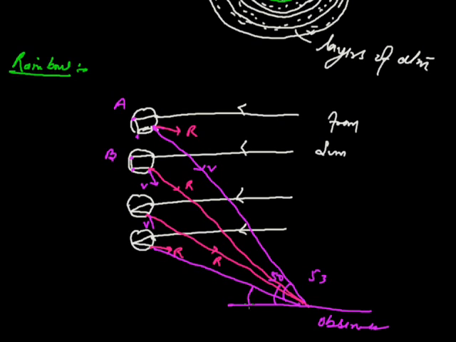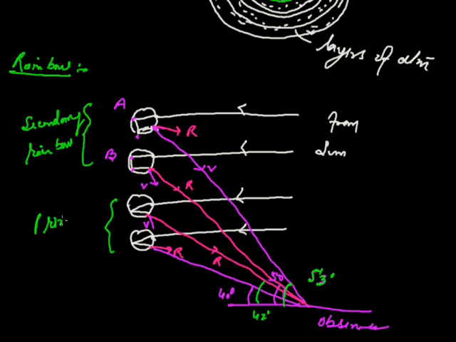This angle is 40 degrees. This angle is 42 degrees. When internal reflection through the drop takes place 2 times, this rainbow is known as the secondary rainbow, but when internal reflection takes place a single time, it is known as the primary rainbow.